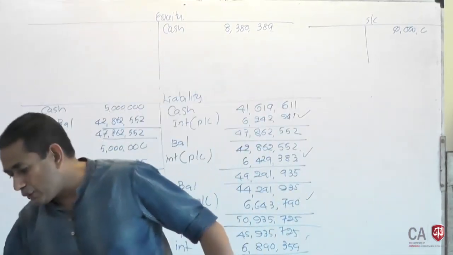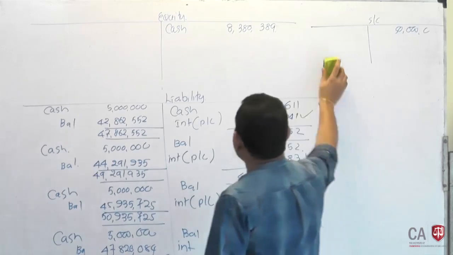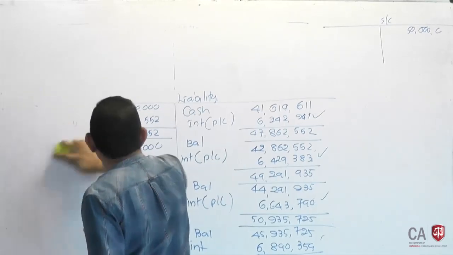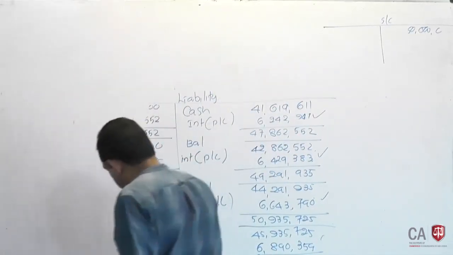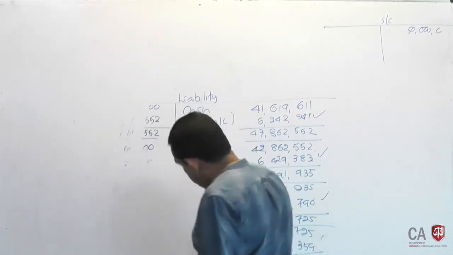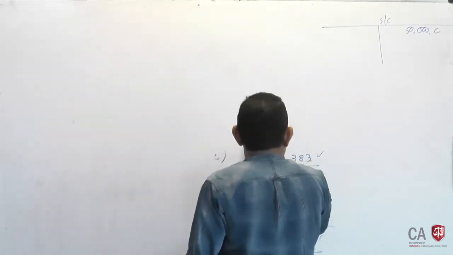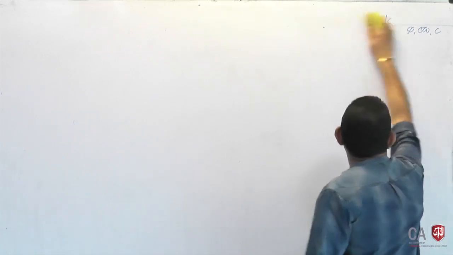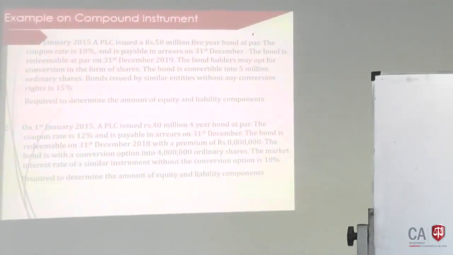That is all about it, and there is another example given. I will not work it out fully, but I will give you the cash flows, then you can complete the rest of it. First, January 2015, APLC issued a 40 million 4-year bond at par.